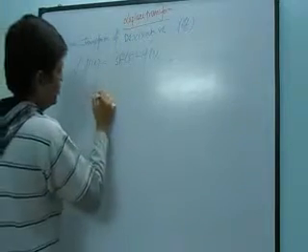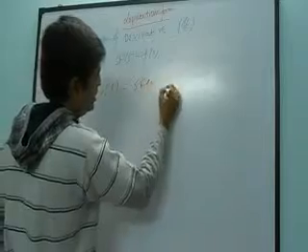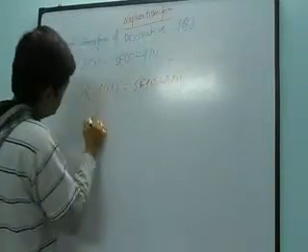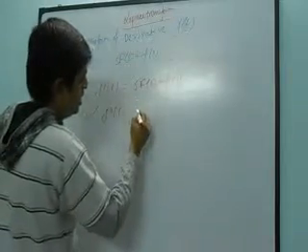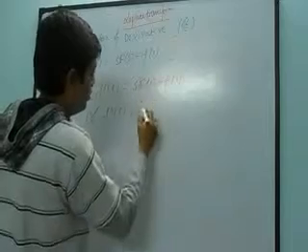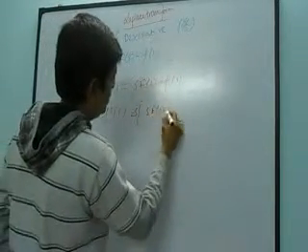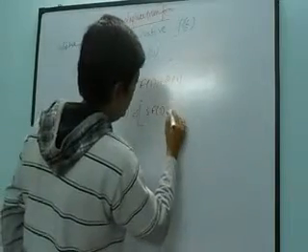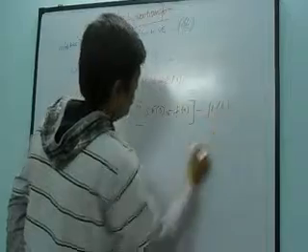Now the Laplace transform of f dash t is equal to sF(s) minus f(0). Now the Laplace transform of f double dash t, similarly, is s times the previous value, sF(s) minus f(0), minus f dash 0.